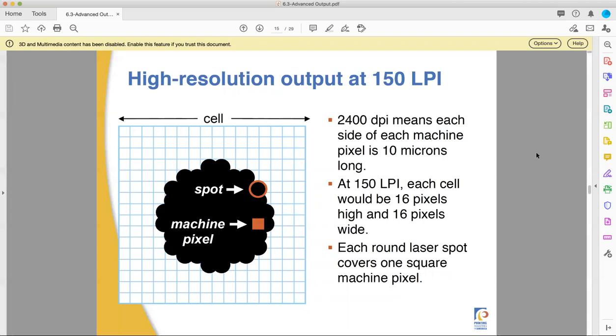Each one of them is 10 microns. At 150 lines per inch, each cell can be made out of 16 pixels wide by 16 pixels high. If you multiply those together, that gives you the 256 possible spots or squares to fill in or not fill in. And again, each laser spot covers one machine pixel grid.